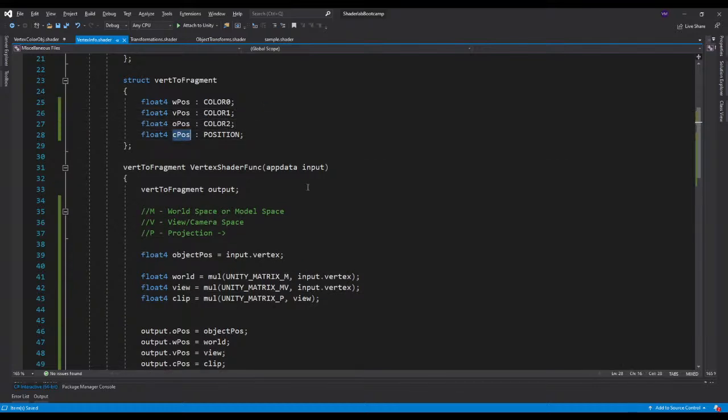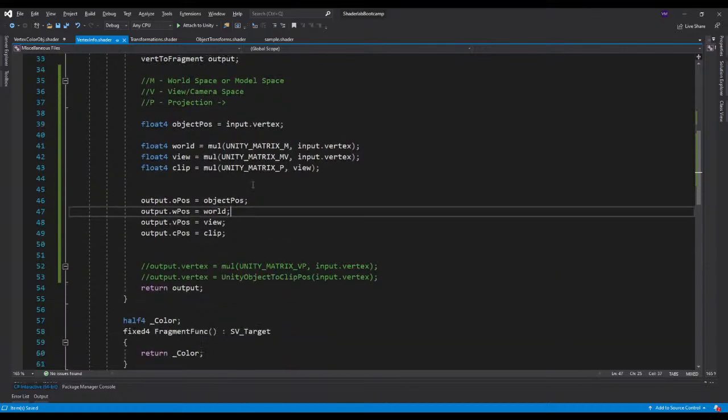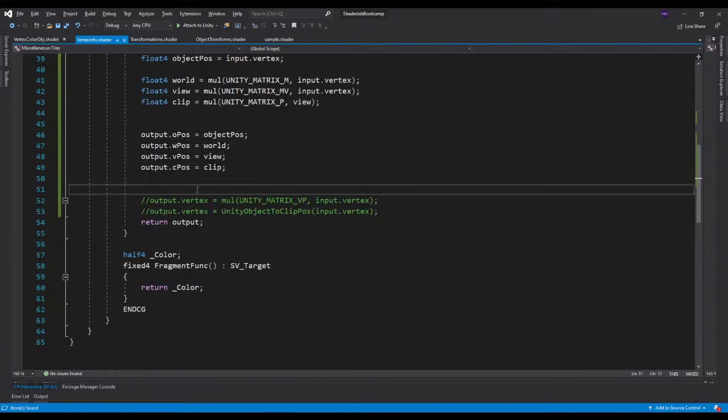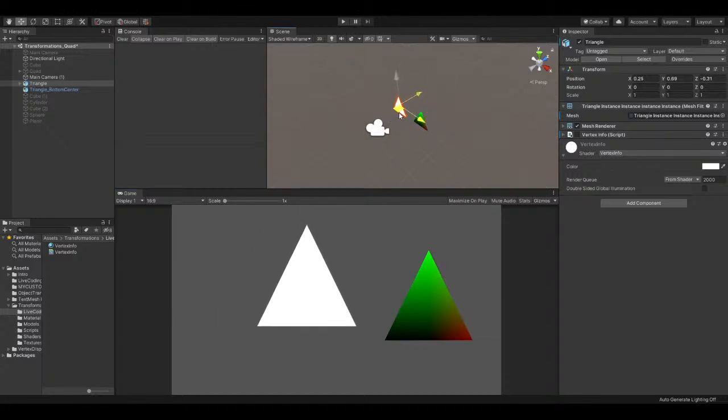Okay, doesn't matter. Now position has been mapped properly, and let me quickly go to Unity. Wait 1 second. Okay, Unity. So we got all the spaces mapped properly. We can move it, and it's working fine.